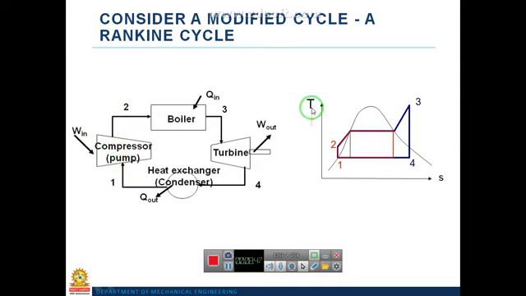We'll see the TS diagram. Initially at point 1 the fluid state will be liquid. So if you go to the TS diagram, you can see this is the liquid-vapor dome. The left side line is the saturated liquid line, and the right side line is the saturated vapor line.